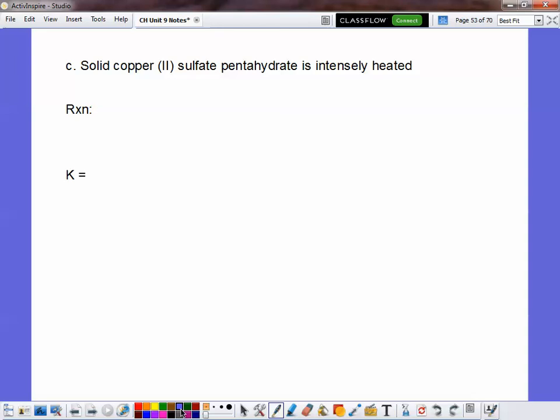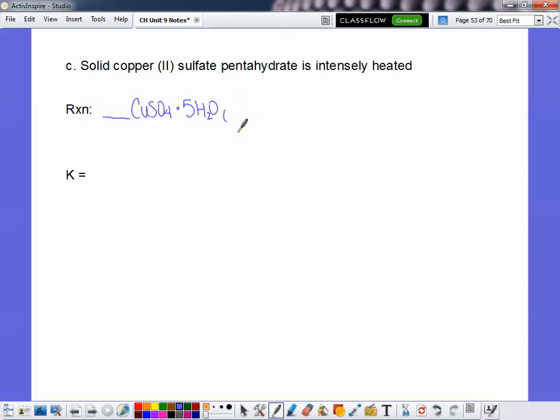Okay, we actually did this reaction. So what's the formula for copper 2 sulfate pentahydrate? CuSO4. That's the copper 2 sulfate. What does pentahydrate mean? 5 H2Os that are chemically attached to that copper 2 sulfate matrix.